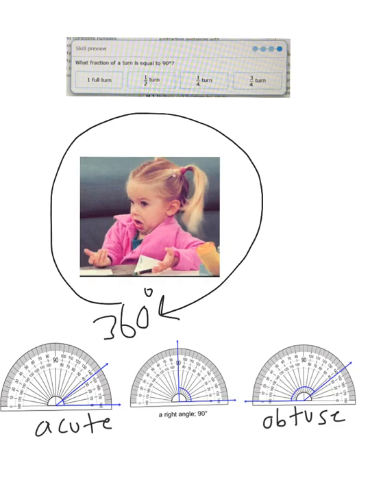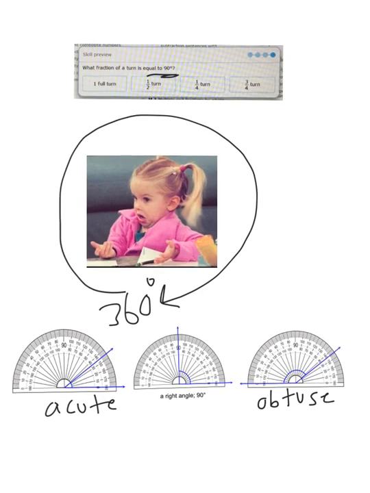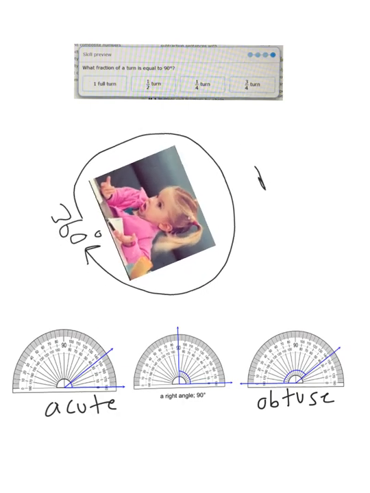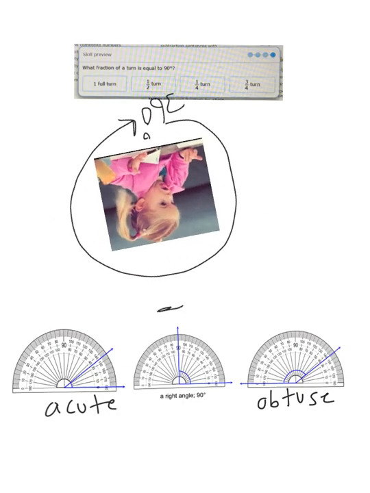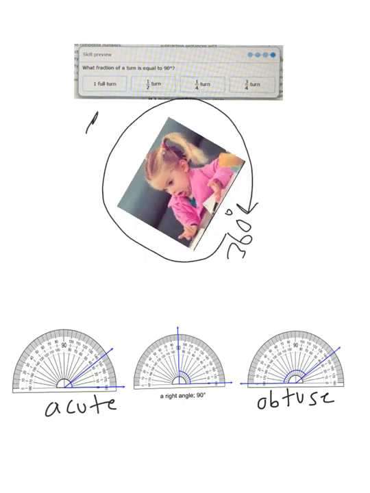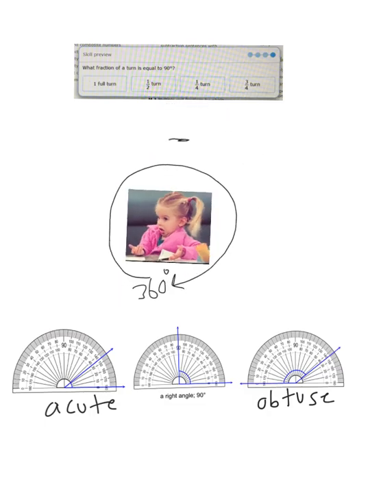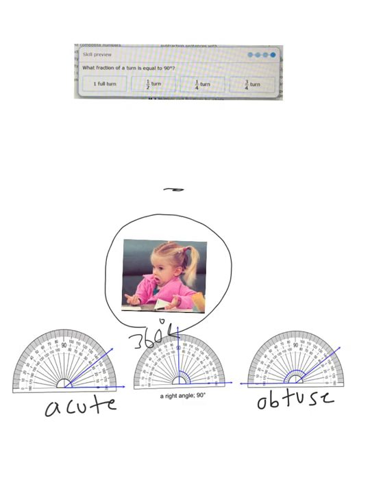So, what fraction of a turn is equal to 90? 1/4. So 90 degrees is a 1/4 turn. Good luck.